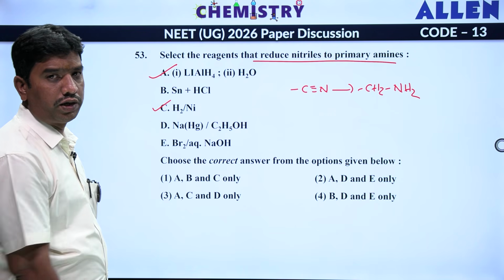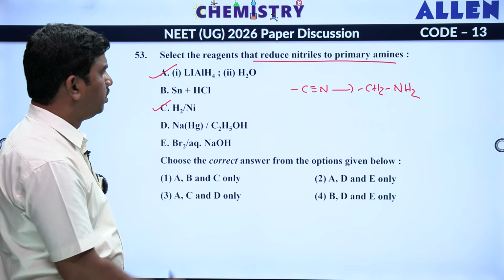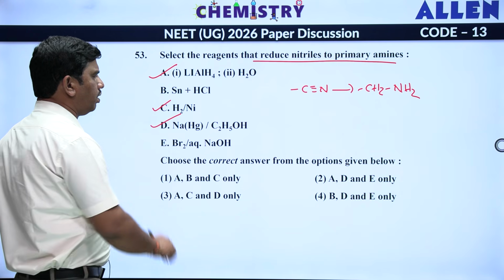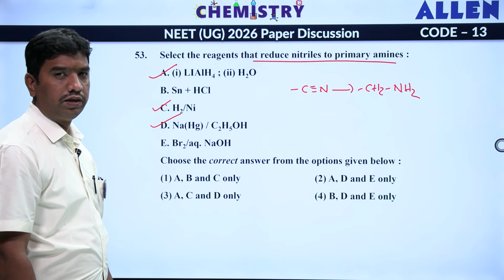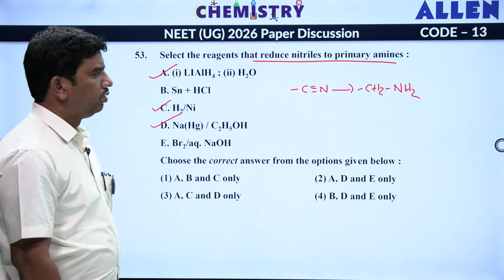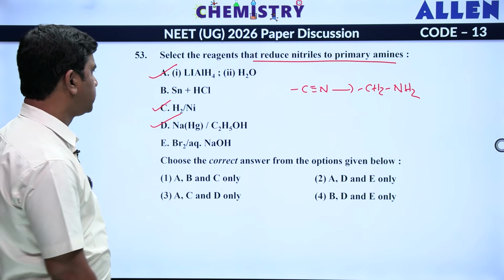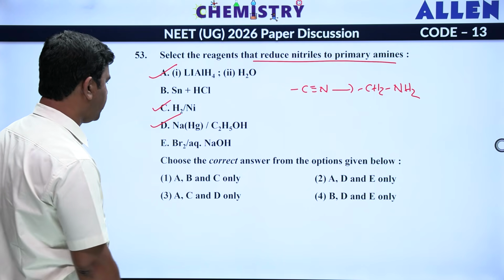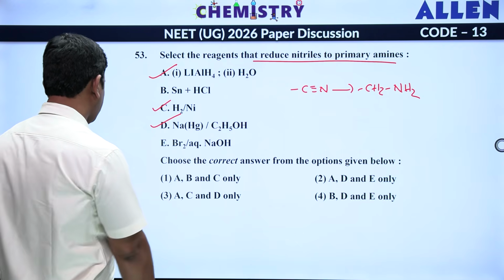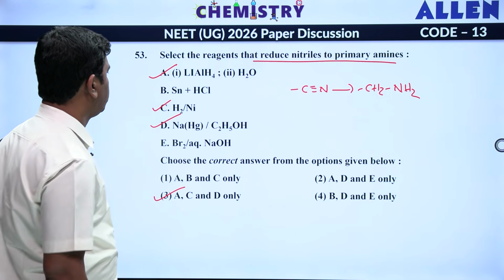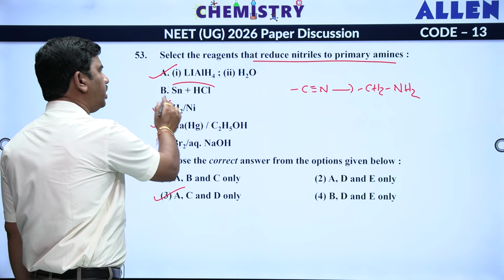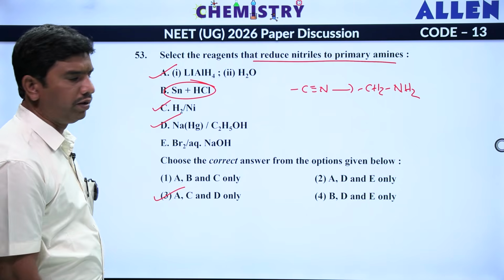Catalytic reduction also we can use to reduce cyanide to primary amine. And sodium amalgam in ethyl alcohol is also a good reagent to convert cyanide to amine. These are the three possibilities. So A, C, D is the answer, question 53, option 3 is the answer. Next one, tin HCl cannot reduce cyanide to primary amine.